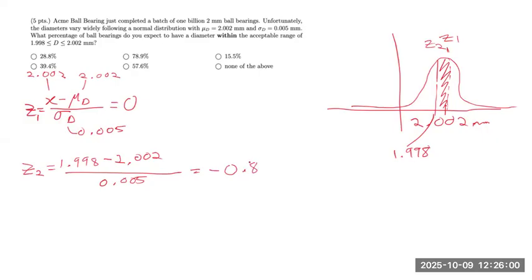And now we're going to use our z-table. First, how do we find this area? Well, it's going to be this big area over here minus this area over here.